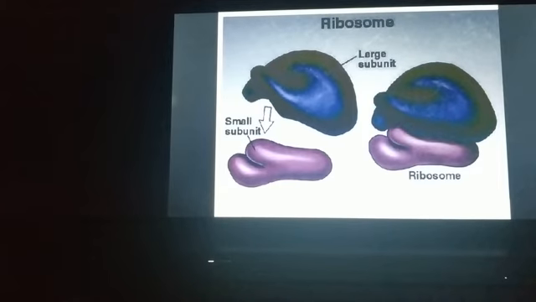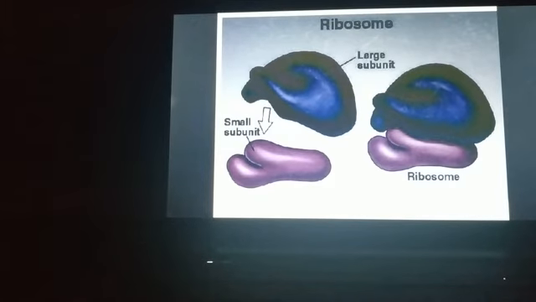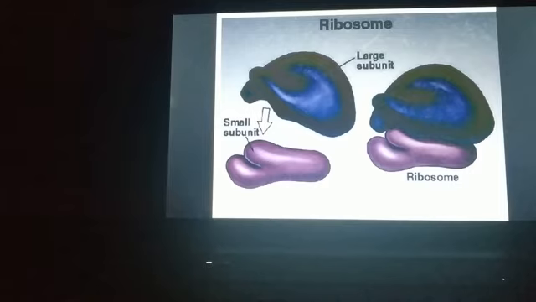This suggests that the mitochondria and chloroplast of eukaryotes are somewhat related to the prokaryotic cell, since both have 70S ribosomes in common.